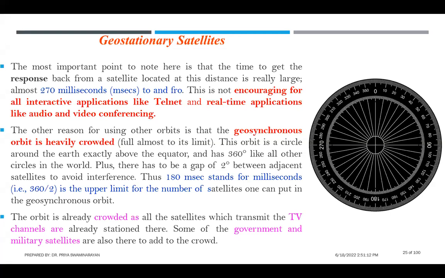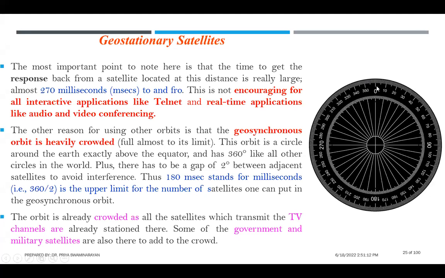GEO orbit is already overcrowded. Suppose this is our Earth surface, right? The Earth surface has a total of 360 degrees.